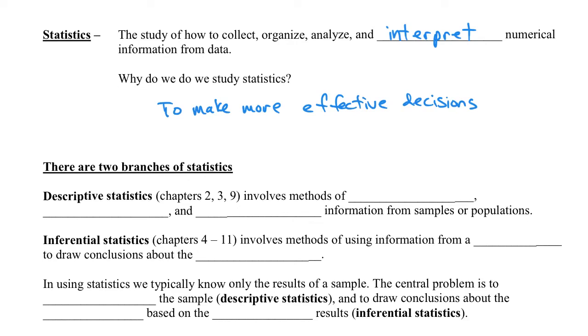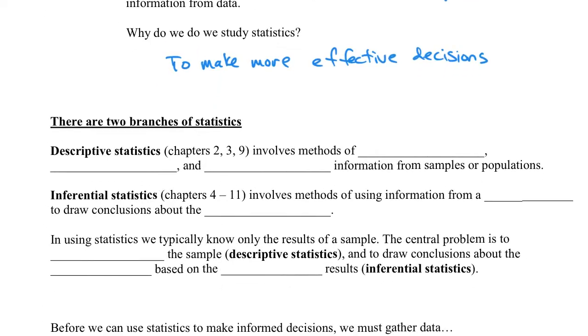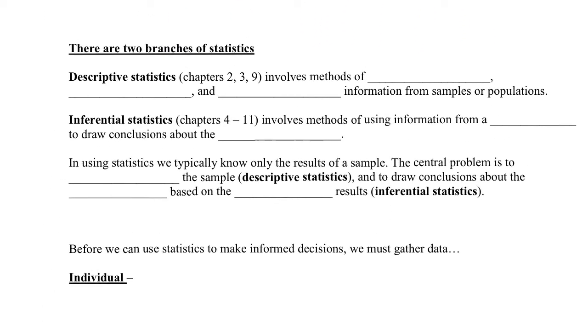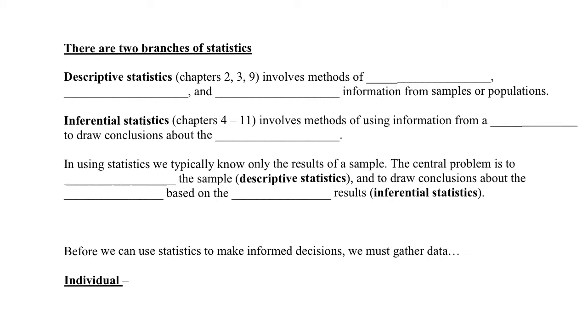There are a couple branches of statistics that we're going to study, and pretty much everybody studies these. There are descriptive statistics. This is what we look at first, chapters 2, 3, and 9. This involves methods of organizing, picturing, and summarizing information from samples or populations.